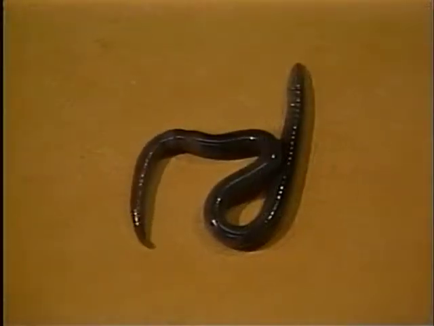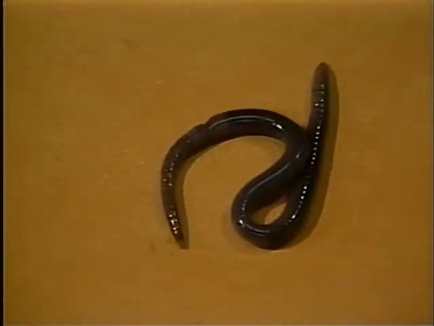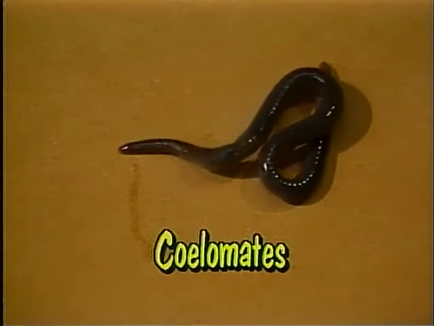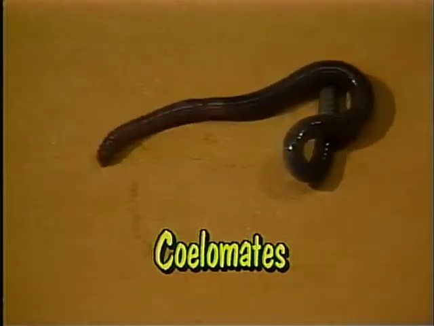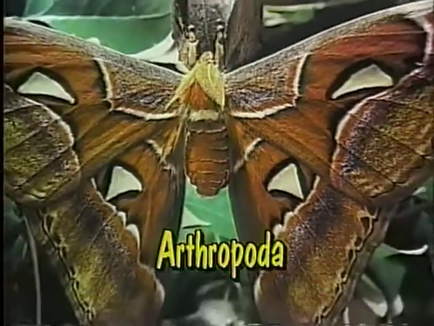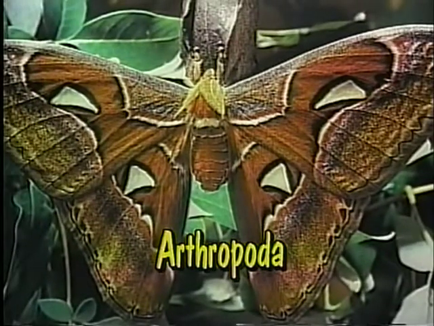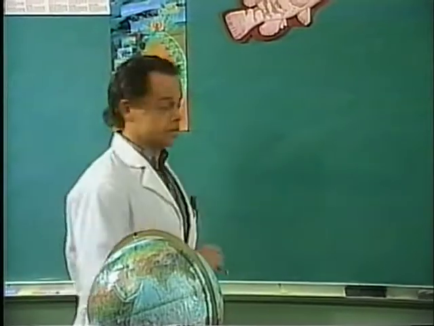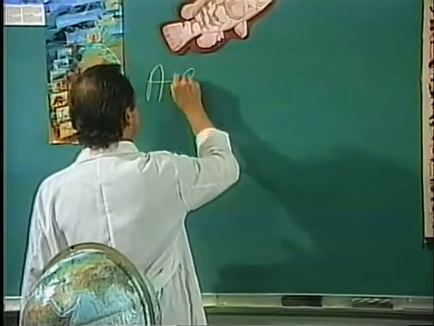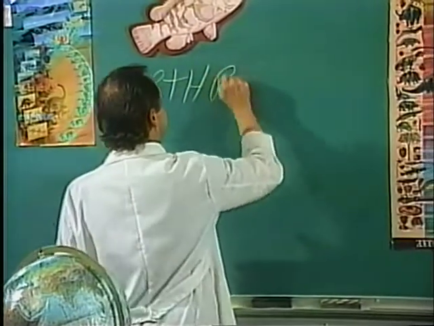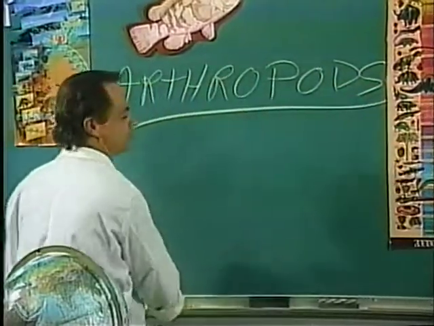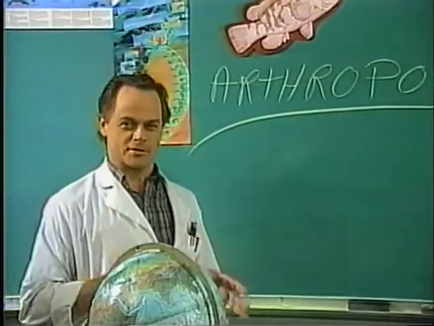The first animals with a true body cavity are the coelomates. In the phylum Annelida, we find segmented worms with true body cavities, or coeloms. But the next phylum is the largest. There are almost 1 million species of arthropods. All arthropods have these characteristics.